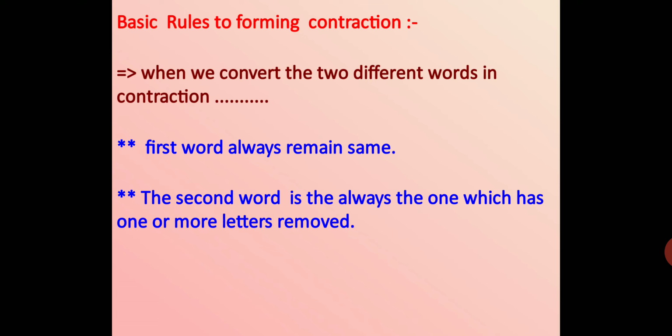The second word is always the one which has one or more letters removed. It means whatever the two words we are contracting, from the second word we are going to remove one or two or some letters.